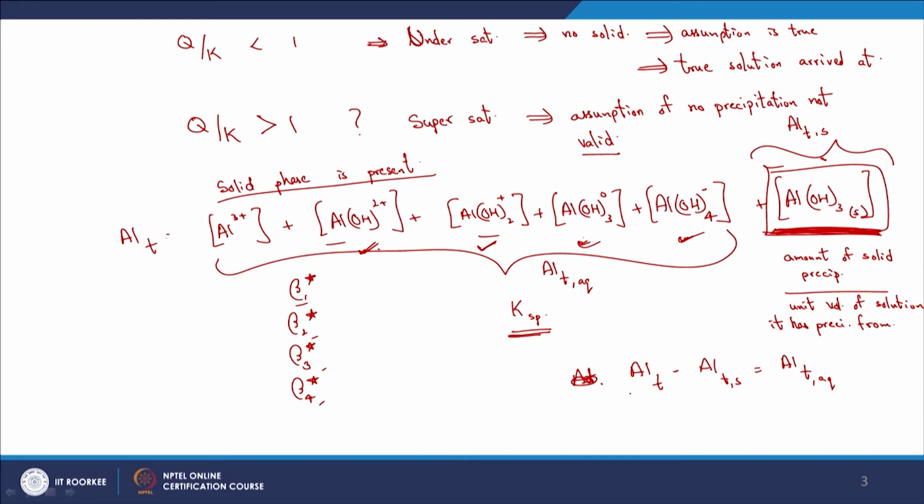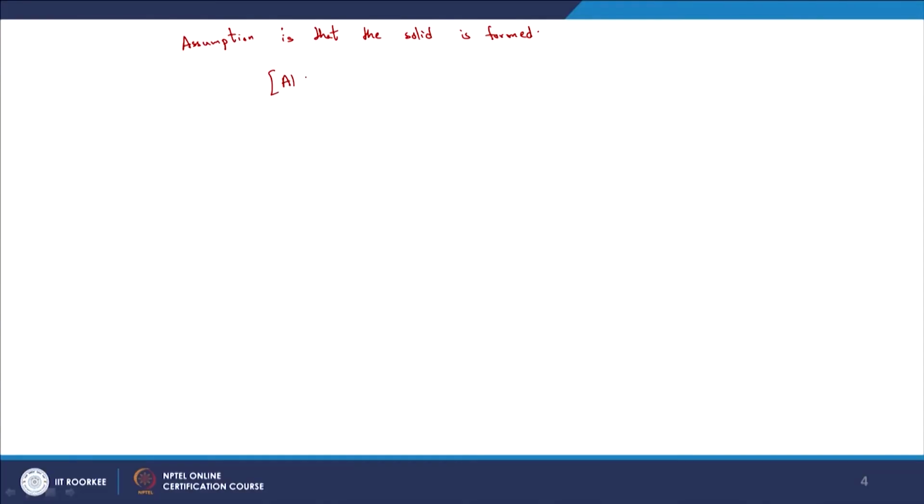Now there is another method too. Instead of assuming that the solid is not present, the assumption is that the solid is formed. Then you can go ahead with your relevant calculations, and I am going to continue with the earlier example. Let us say I calculate this value of Al(OH)3 solid to be a positive value.